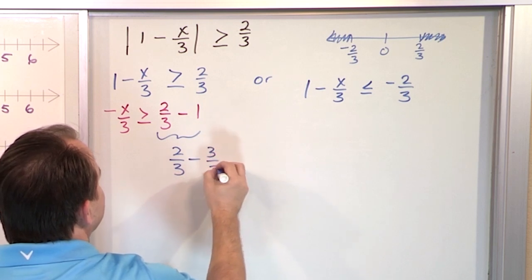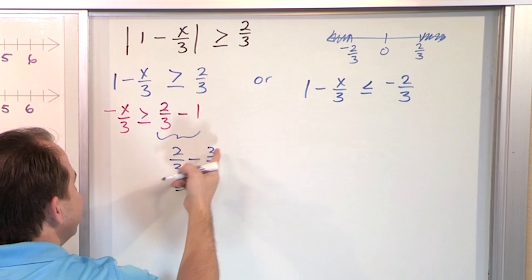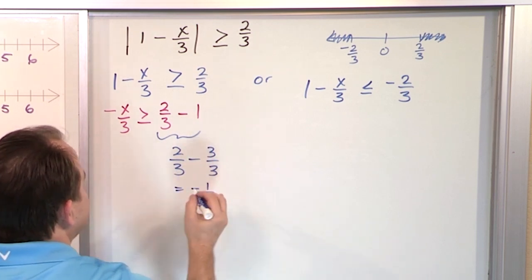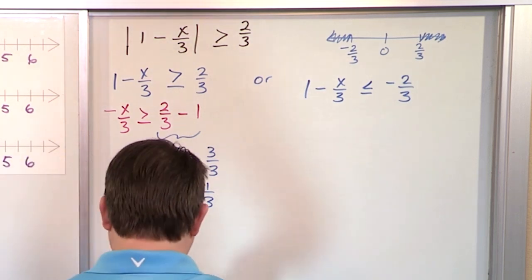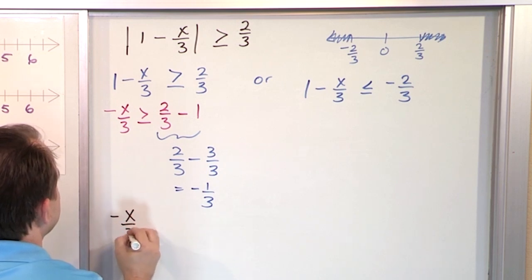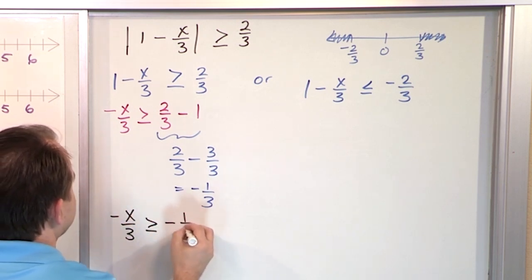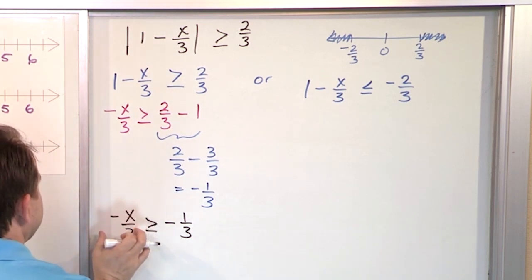So I'm going to write it as 3 over 3 because that gives me a common denominator. So what I will then have is, what is 2 minus 3? It's negative 1/3. So what's on the right-hand side of the equal sign is really negative 1/3. So what I have over here, dragging this down, is negative x over 3 greater than or equal to negative 1/3. And then I want to get x by itself.